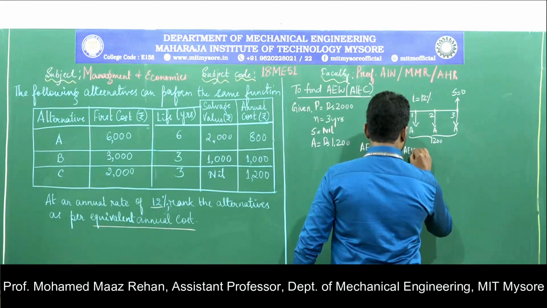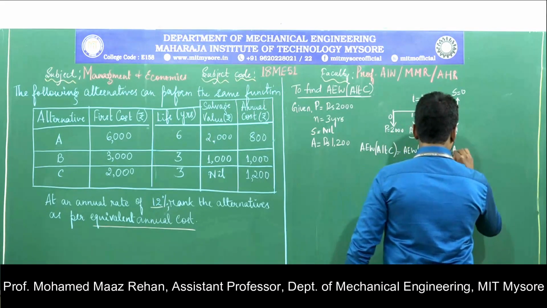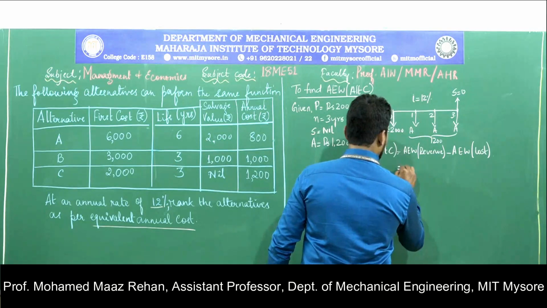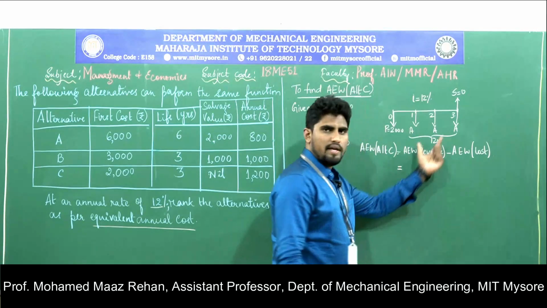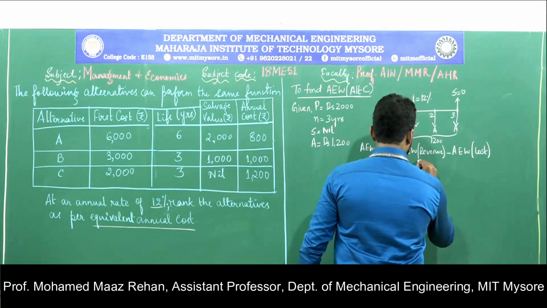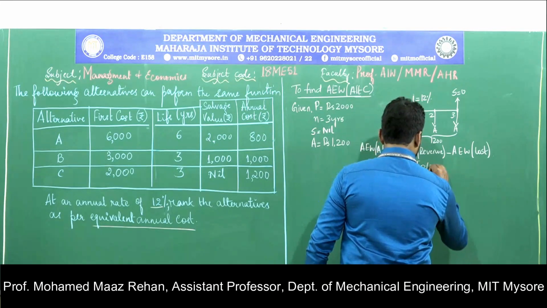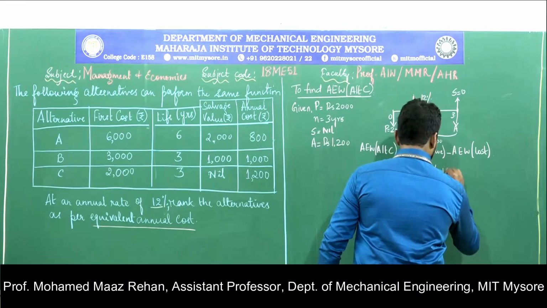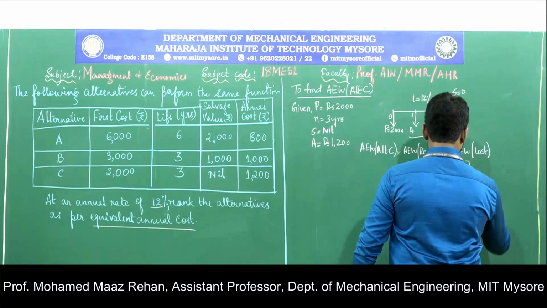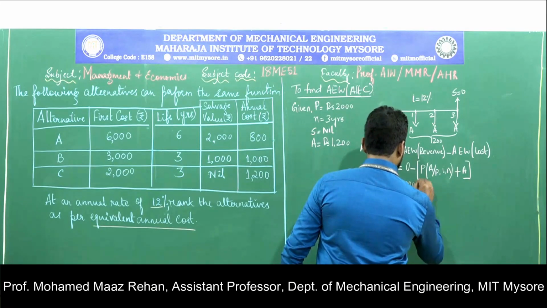Annual equivalent worth of revenue minus annual equivalent worth of cost. Okay, revenue we don't have anything, so it is 0, minus P. We know P. To find A when P is known, I comma N, plus A. Okay, so what is P? They have given 2000.